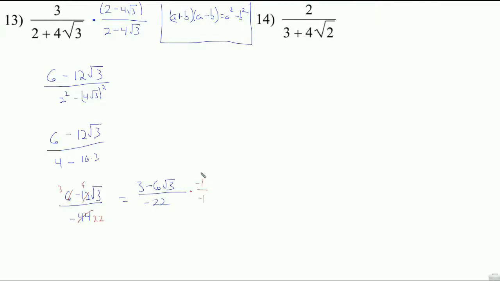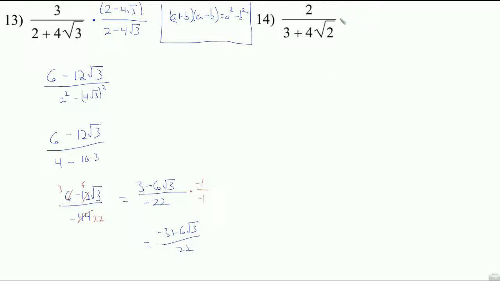So up here in the numerator, if you distribute, you would get negative 3 plus 6 root 3 over a positive 22. So either of these answers is okay. Notice the difference between them is all the signs are opposites. This is positive 3 and negative 3, negative 6 root 3, positive 6 root 3, negative 22, positive 22. So either answer is fine.